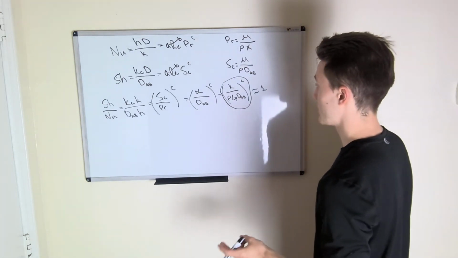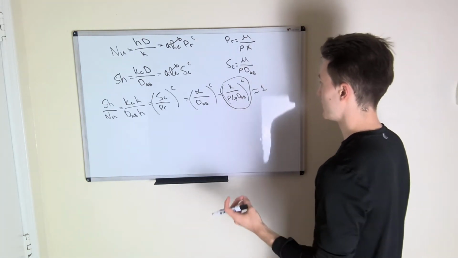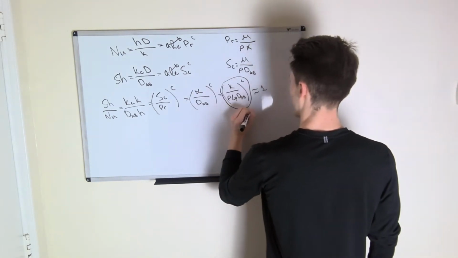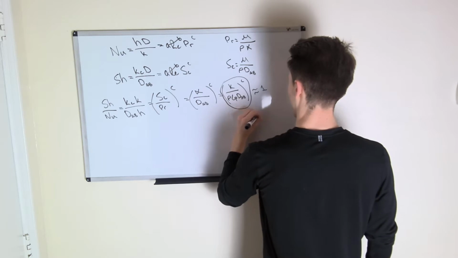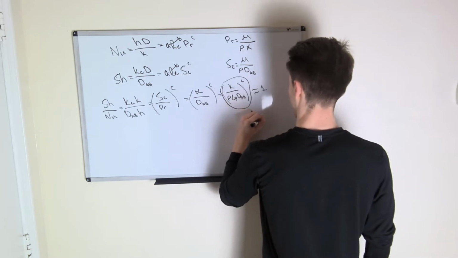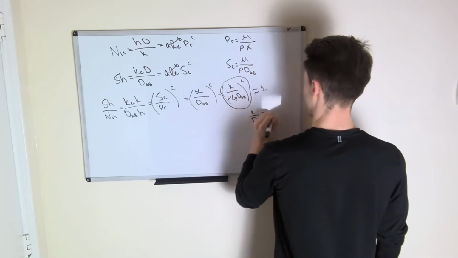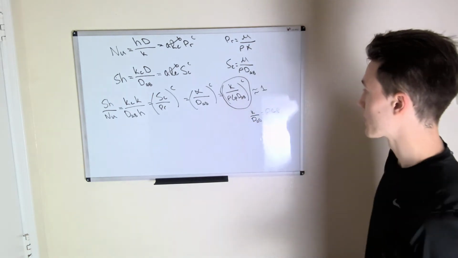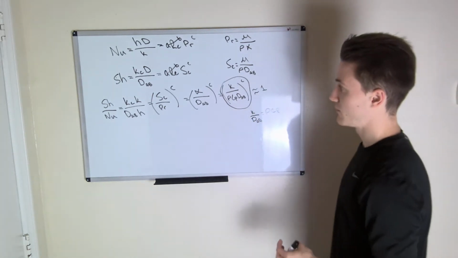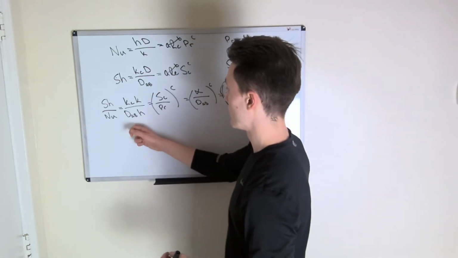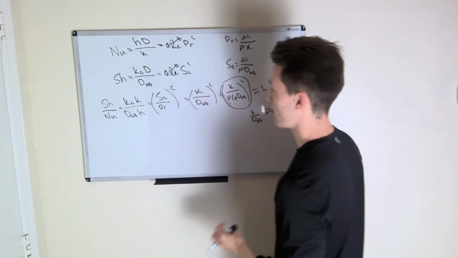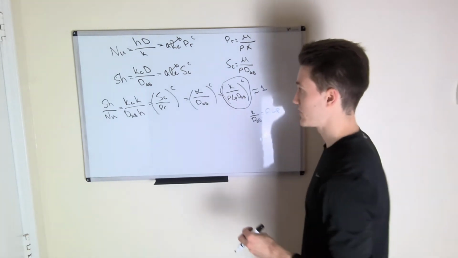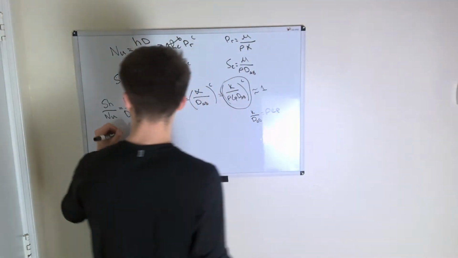And so when we multiply rho Cp over to the other side, we get our thermal conductivity over the diffusion coefficient is equal to rho Cp. And so we can use that over here to isolate our mass transfer coefficient and heat transfer coefficient.